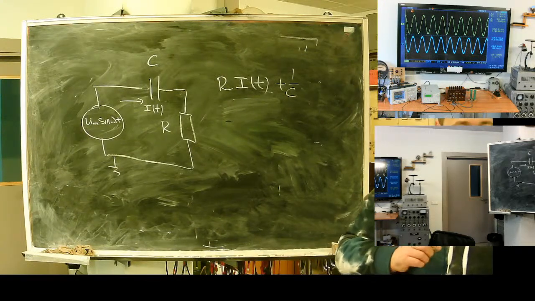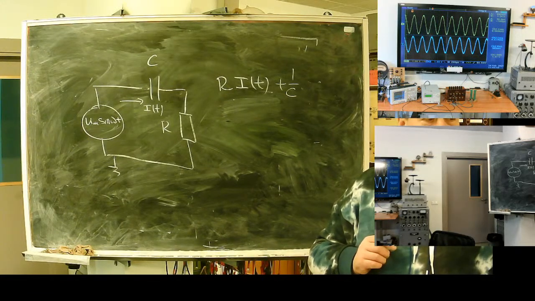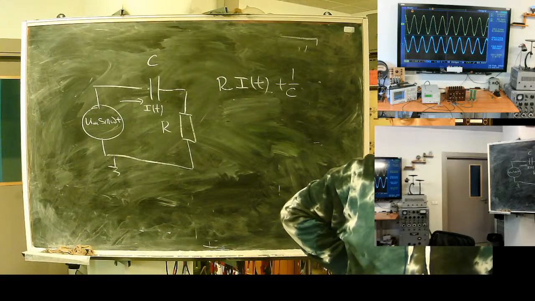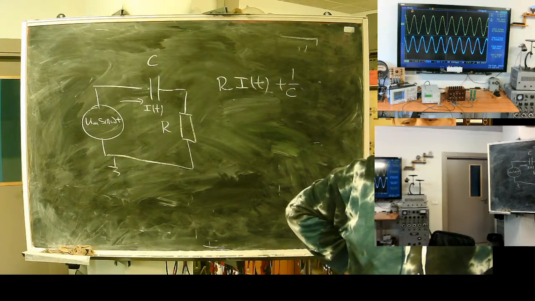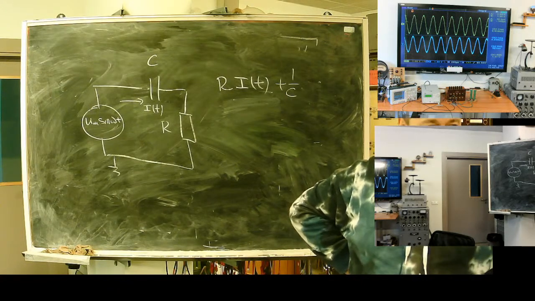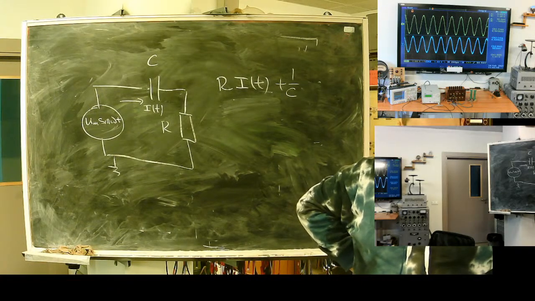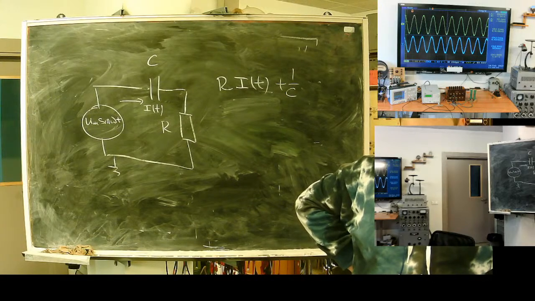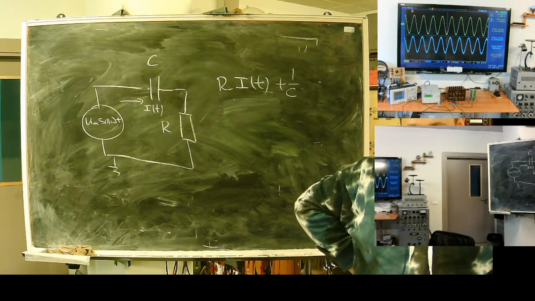What forms the voltage of a capacitor? Sum of all charges. Yeah? Why zero? You really think it's zero?